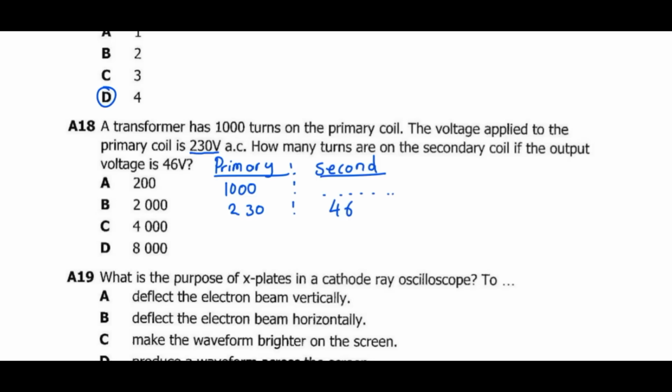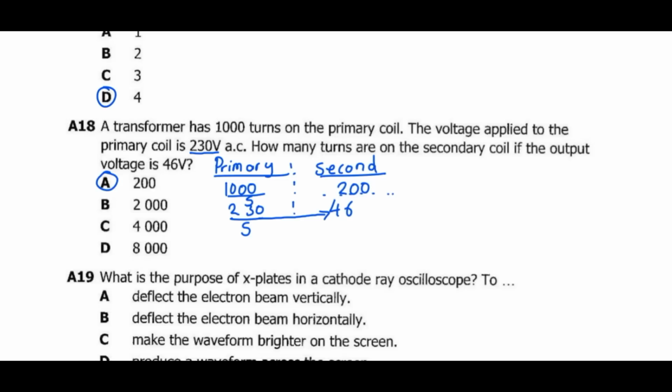This number was divided by 5, because if you divide 230 by 5, you get 46. So this number will also be divided by 5 to give us the answer we are looking for. So 1000 divided by 5, you get 200 as your final answer. So the answer is A.